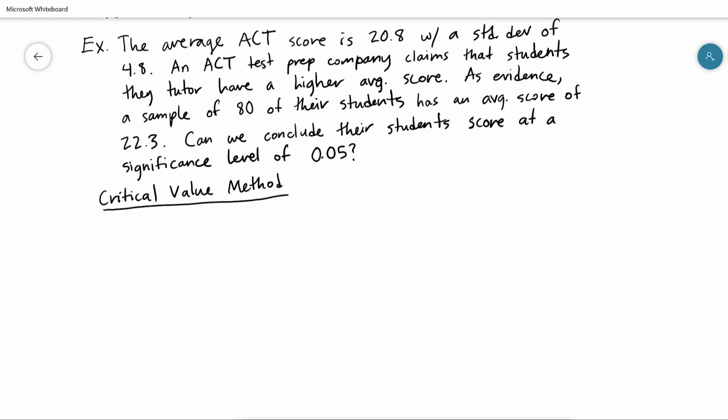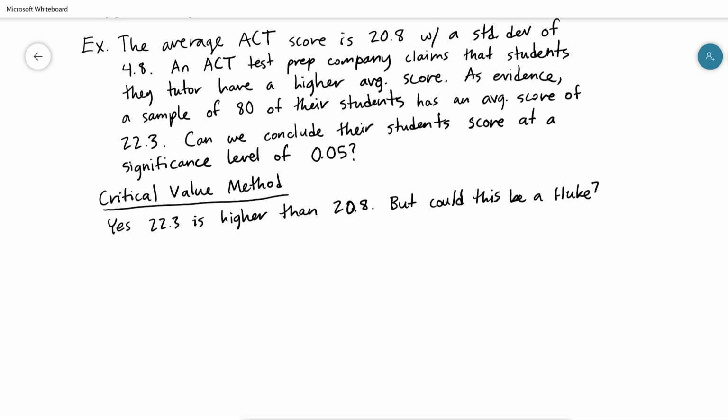Okay, so again, the question is, yes, 22.3 is higher than the 20.8. But could this just be a fluke? Well, the answer is yes, it could be a fluke, and really the question is, how likely was it to be a fluke?